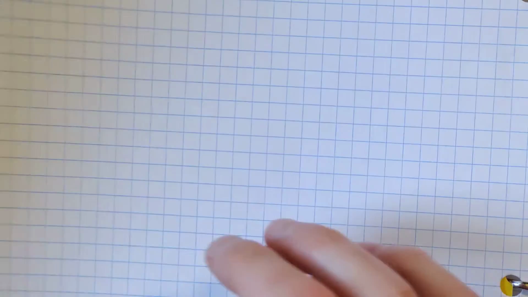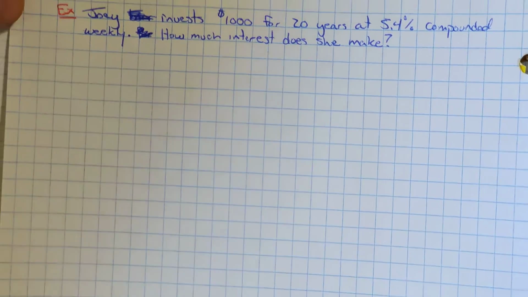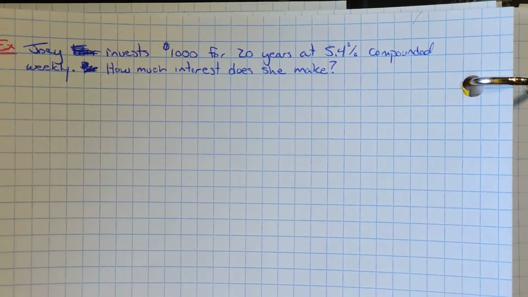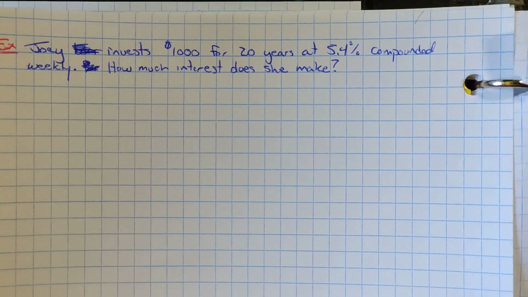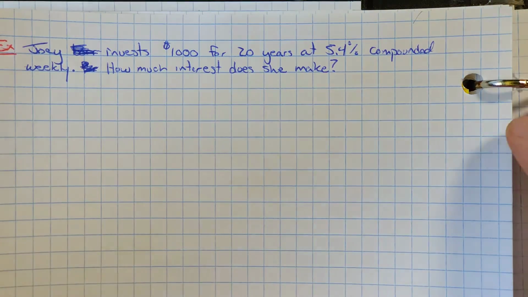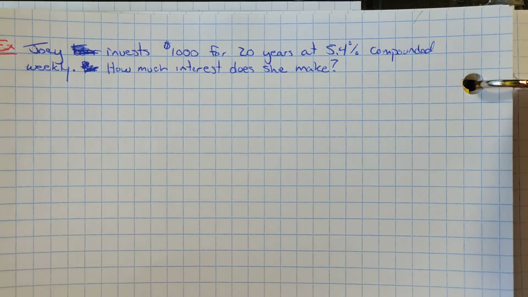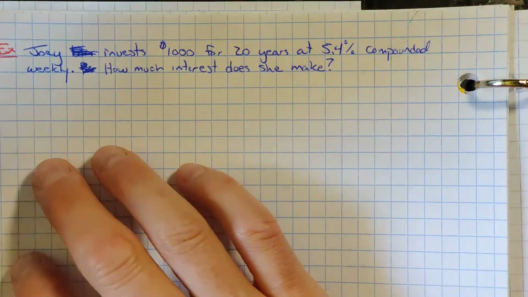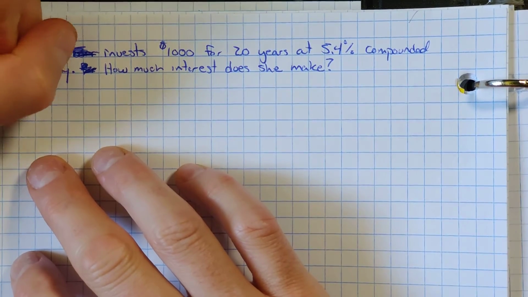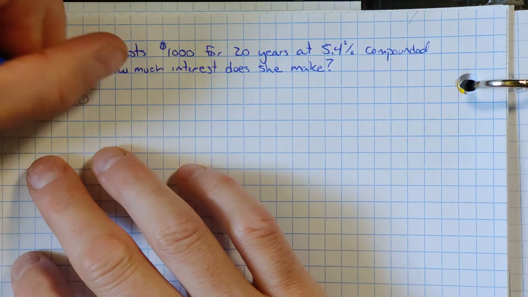Let's take a look at another example. Here we got Joey investing $1,000 for 20 years at 5.4% compounded weekly. How much interest does she make? So Joey's investing $1,000.